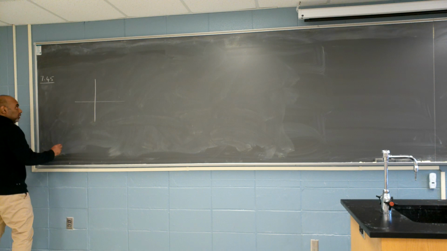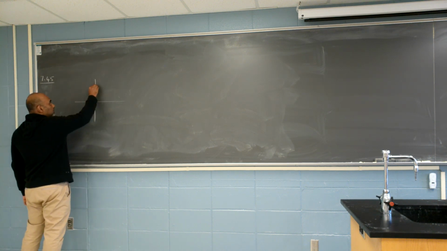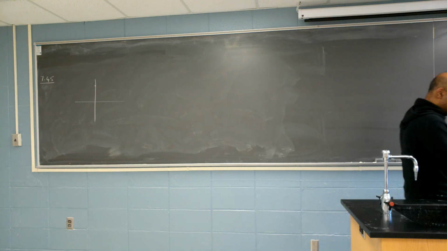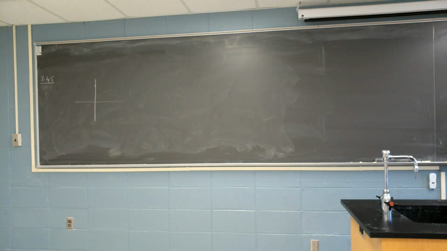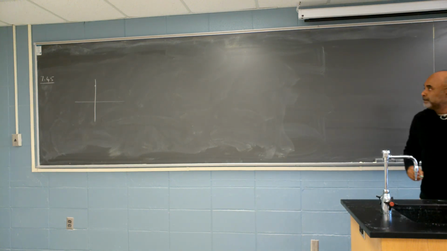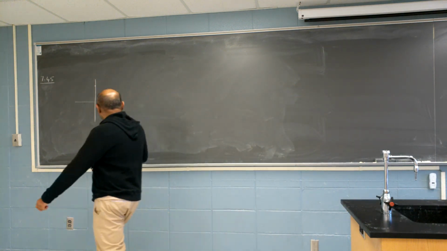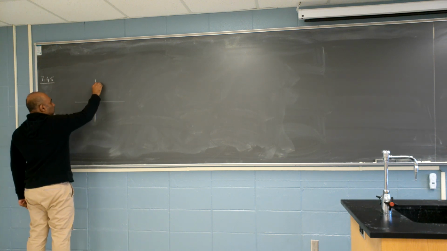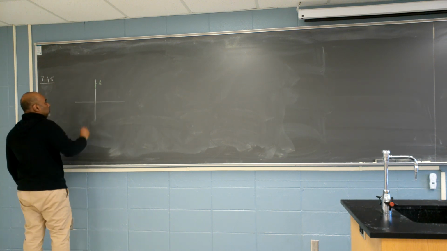So let me do that. Here is a distance h above the superconductor. You have a magnetic dipole. Let's call it M1.